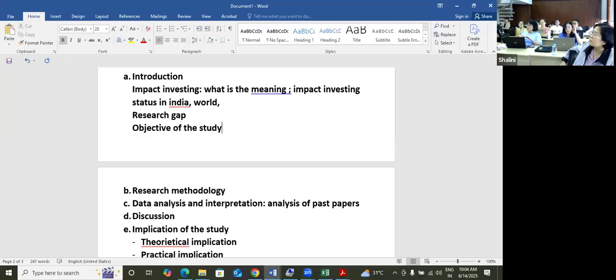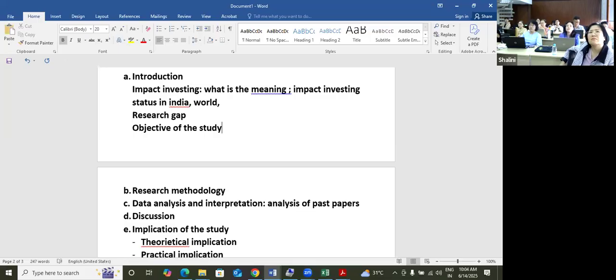I'm the associate editor of Journal of Sustainable Finance and Investing, that is a Q1 journal, and another is Asia Pacific Financial Markets. Many papers come to me for review, so I also look for those things. So the things that we have written over here are very, very important, and you have to write about these in the introduction section.